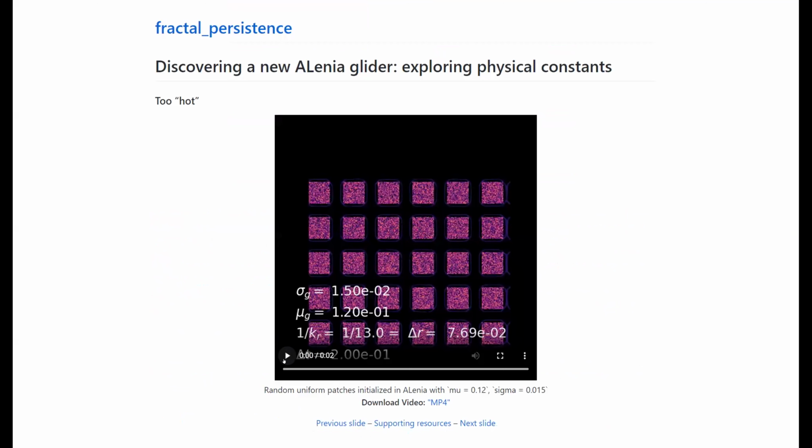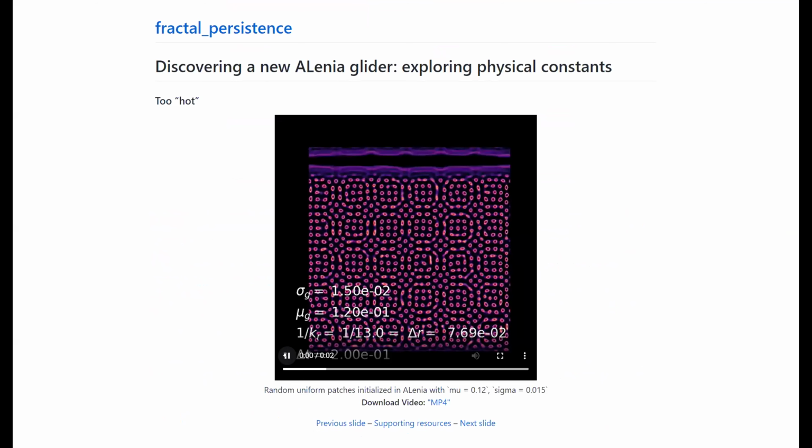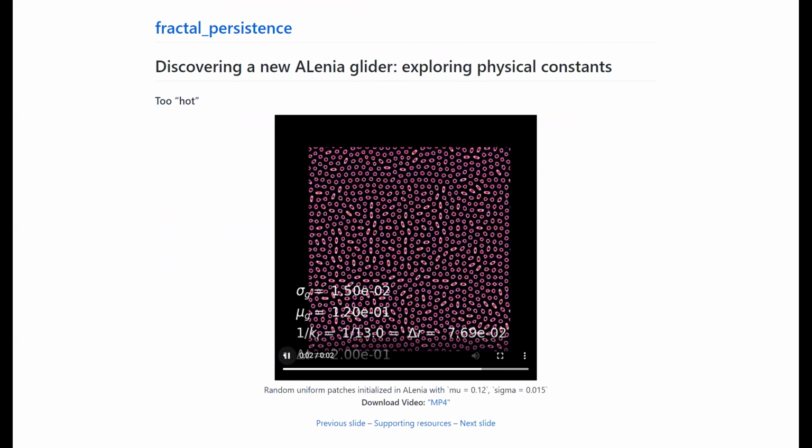Okay, so in order to see if I could find an example of a glider in asymptotic Lenia that would be non-platonic, I first had to find a new point in rule space that has interesting dynamics. And this will be a little bit simplified. I'm only going through the width of the growth or the target function, the sigma here.